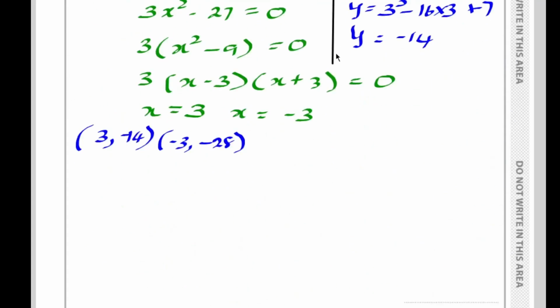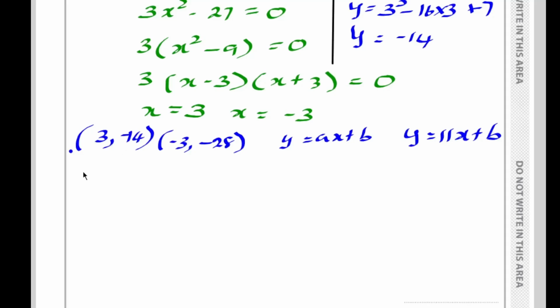Now I have the equation of the tangent. We've been given it as y equals ax plus b. We found what the gradient is, then it became y equals 11x plus b. So let's substitute these two coordinates into this equation.